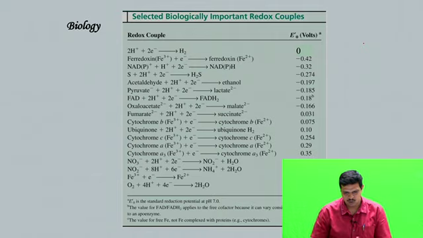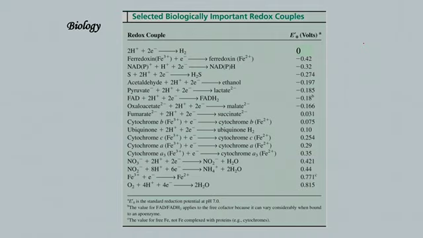We will discuss later what a redox couple is, but this is a list of couples involved in biological systems. All these redox couples are basically involved in biological systems. We will not discuss much biology; we will discuss the concept of redox chemistry in this class.